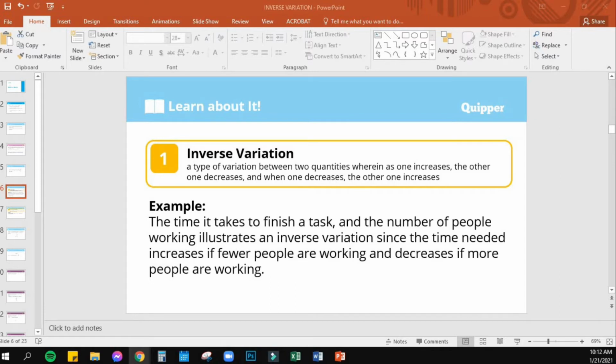Let's say, for example, if more people are working, the work is done in lesser time. On the other hand, if fewer people are working, it takes more time to finish a certain task. So that is the relationship between the number of people compared to the time.